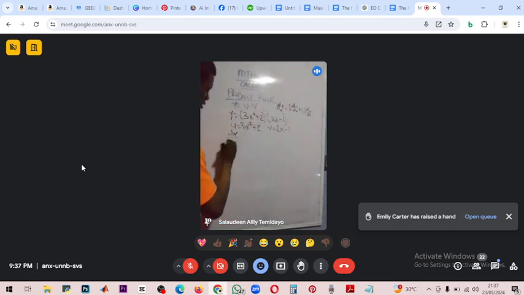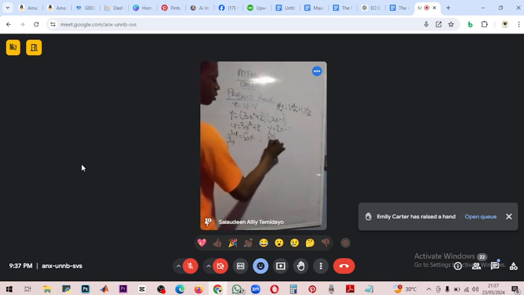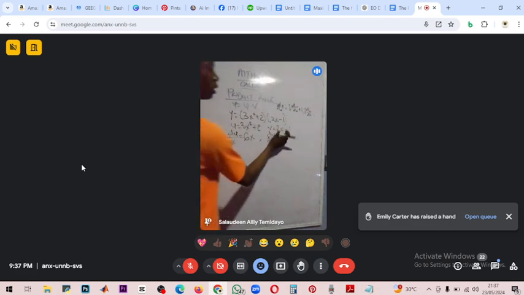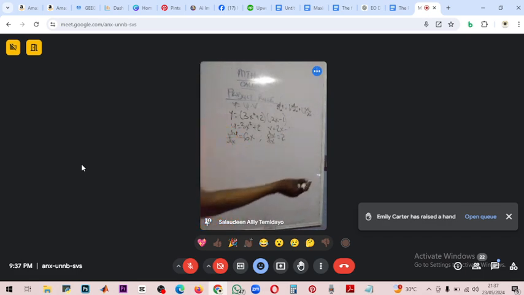So du/dx is 2 times 3, that is 6x raised to power 2 minus 1, which is 1, and the derivative of the constant is 0. So du/dx is 6x. Now dv/dx, the derivative of 2x is 2, and the derivative of minus 1 is 0.